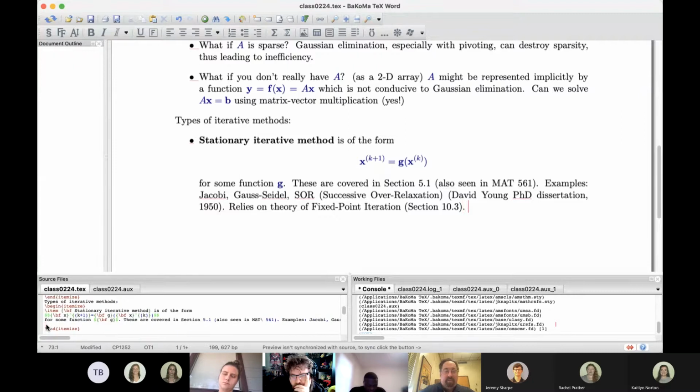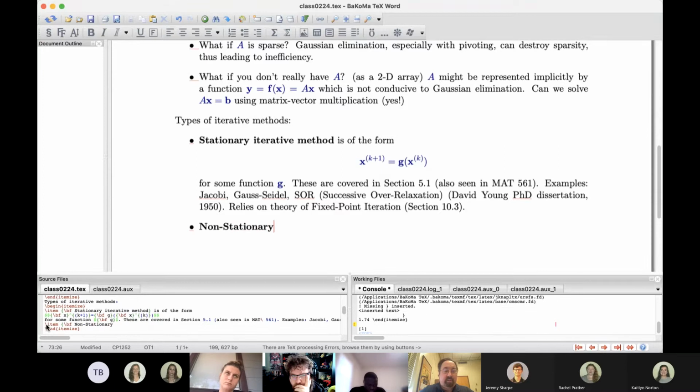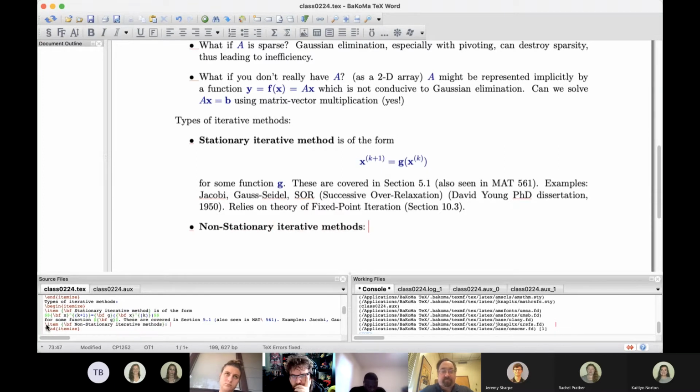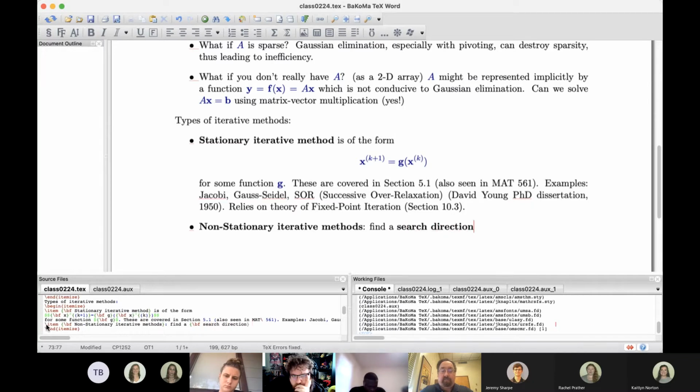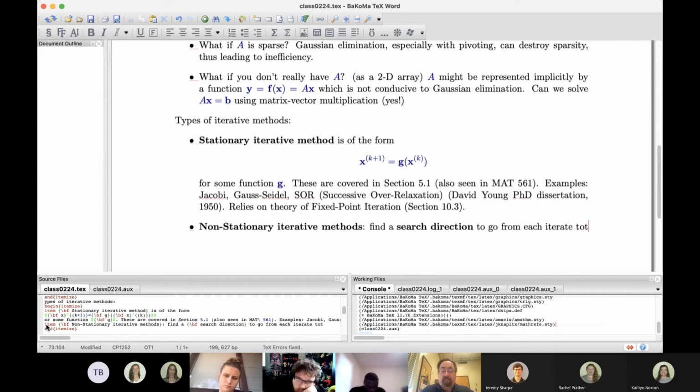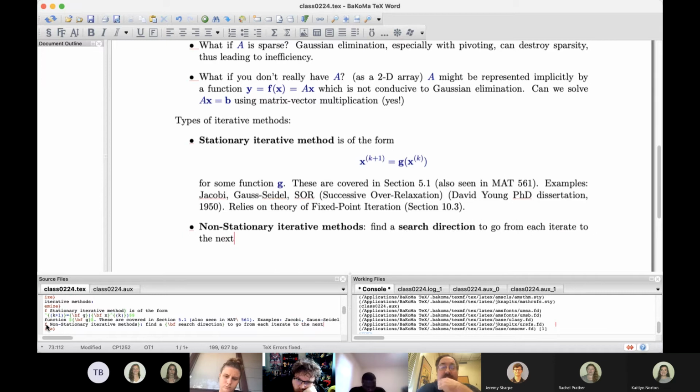And then we have, well, there's stationary, then there's non-stationary. So the idea there is to find what is called a search direction. To go from one iterate to the next, you need to find out which direction you want to go in.